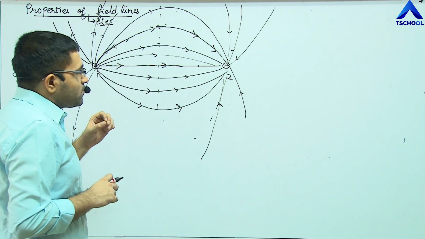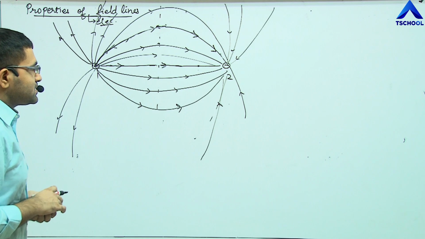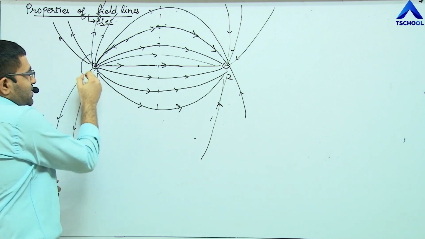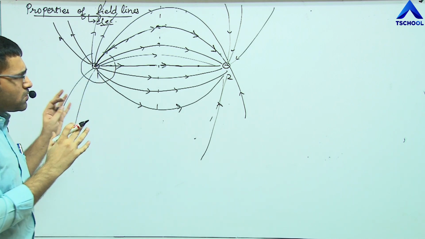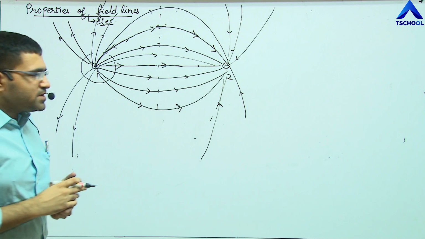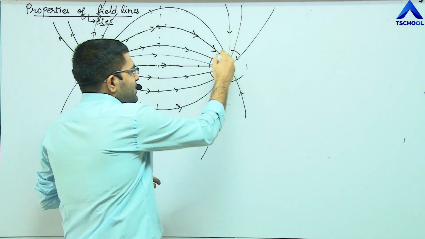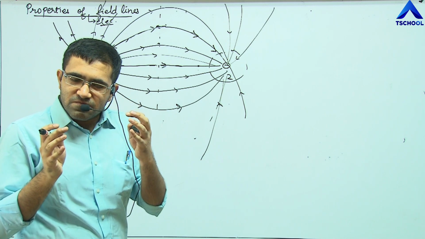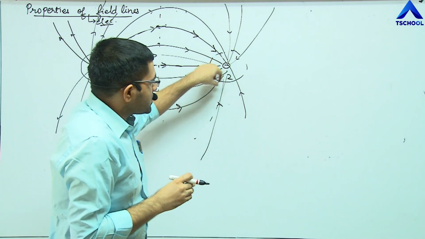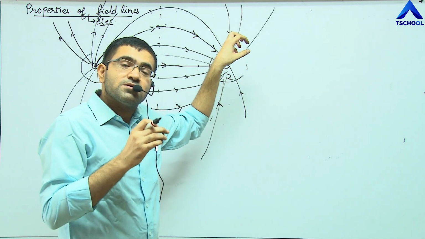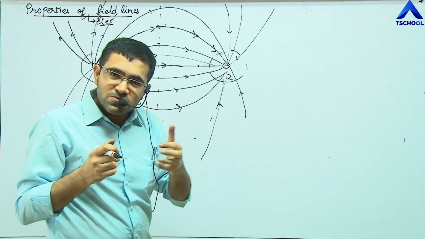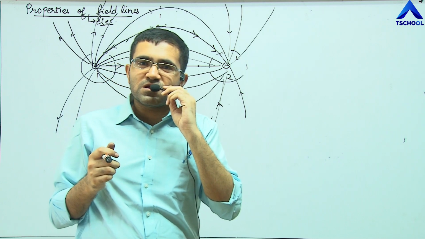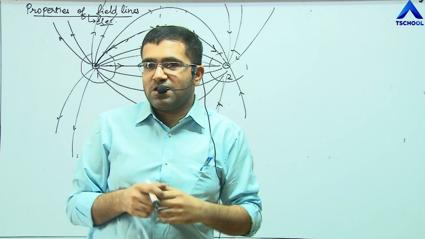One more thing that I want all of you to notice is, look at this part. The electric field lines are so close to each other. Same thing over here. That's because all these points are very close to the charge. Close to the charge, the magnitude of the electric field is very, very high.